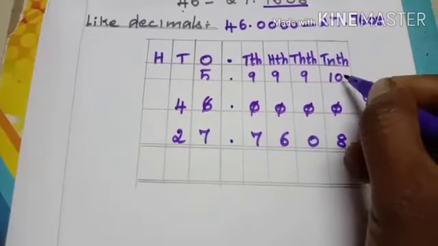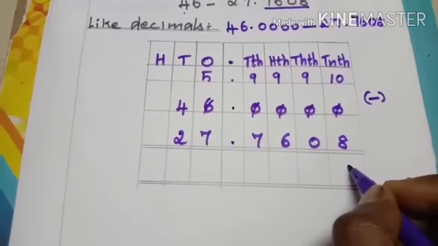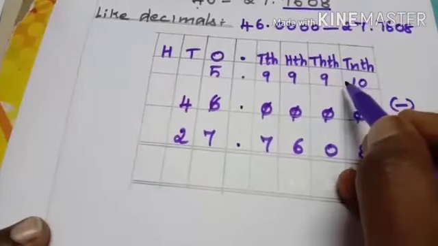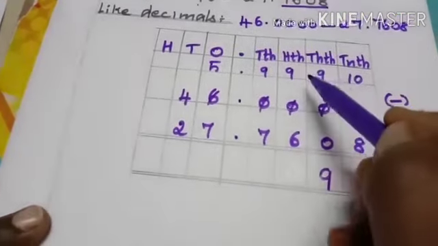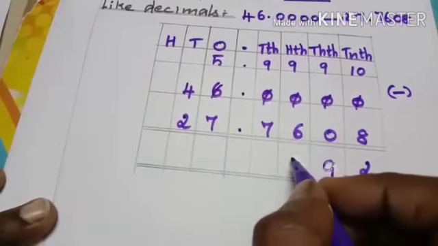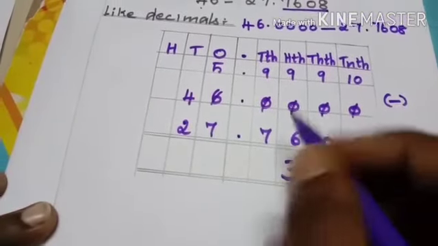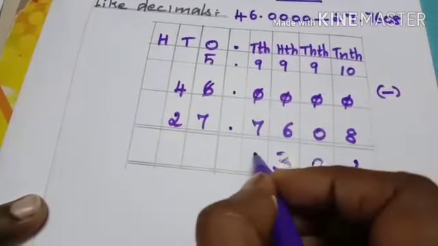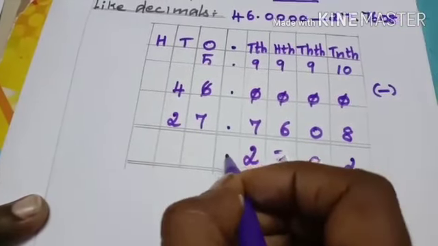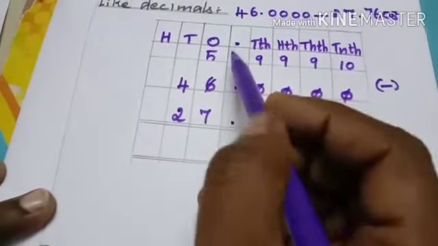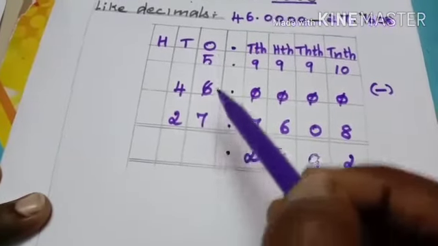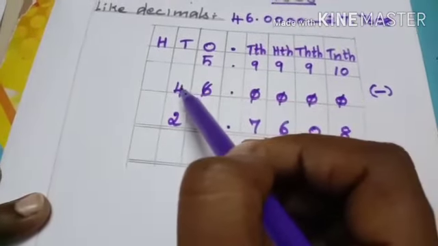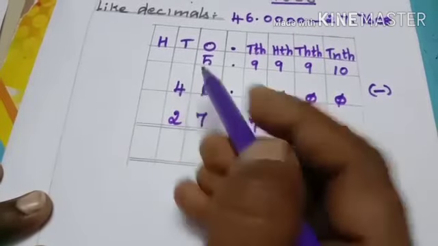So here 10 minus 8 is equal to 2. Here 9 minus 0 is equal to 9. Here 9 minus 6 is equal to 3. And here 9 minus 7 is equal to 2. Here put the decimal point. And here 5, we can't subtract 7 from 5, so we need to borrow from the tens place.